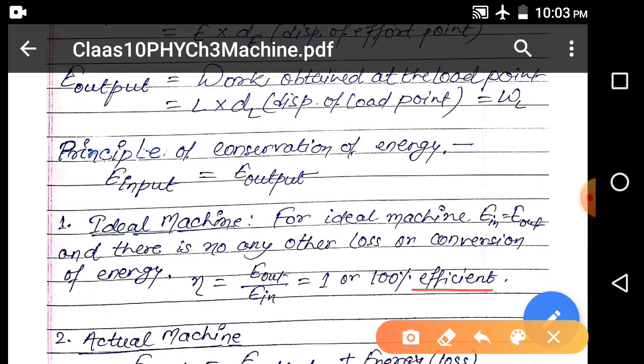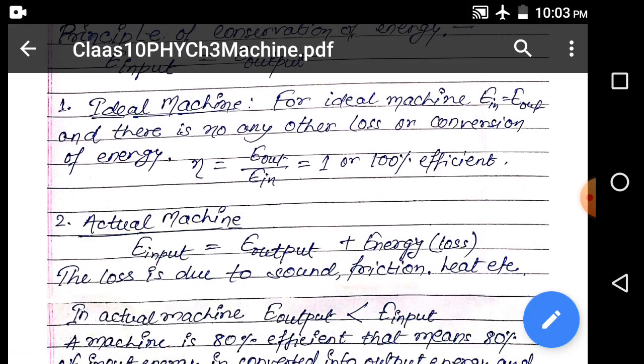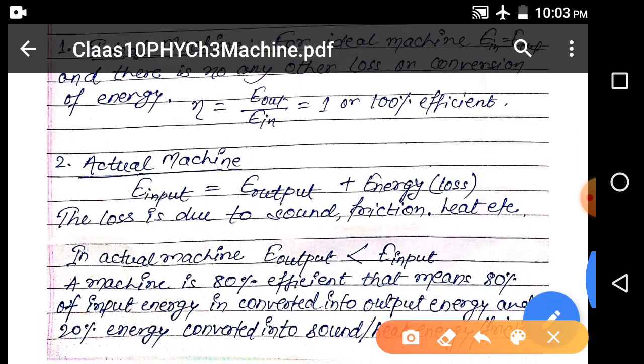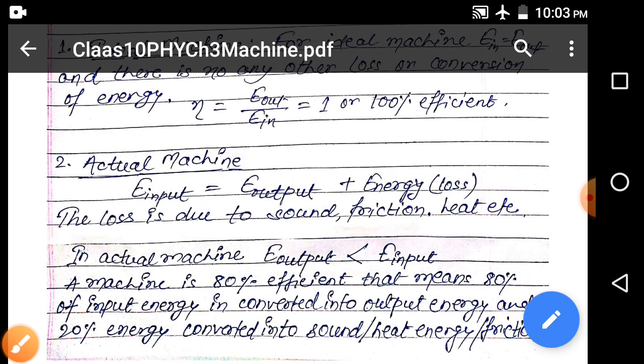But in practice, we are considering actual machines, and here the input energy is equal to the output energy added with some energy which is lost. Here the loss is due to sound of the machine, friction, heat energy of the machine, etc. So in practice there is always a loss of energy.